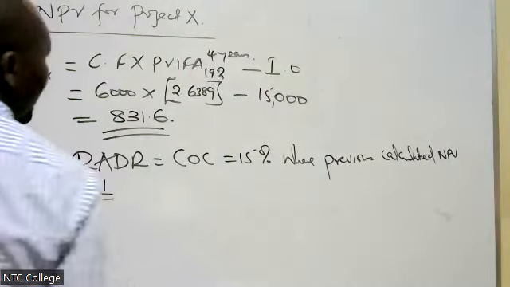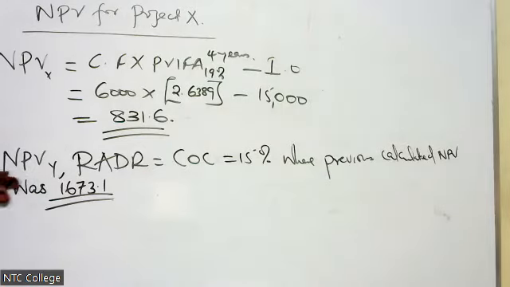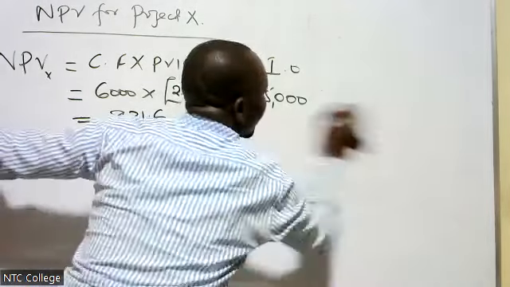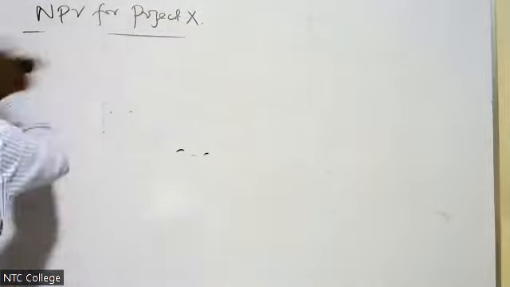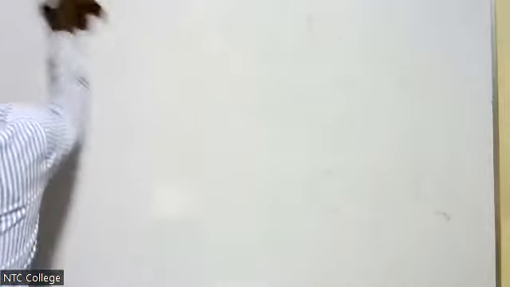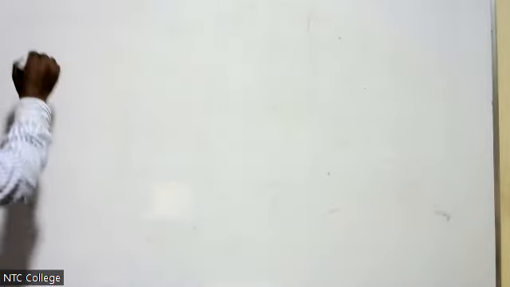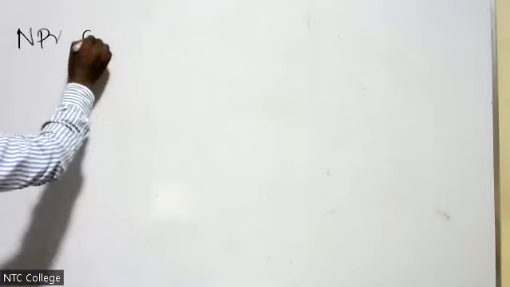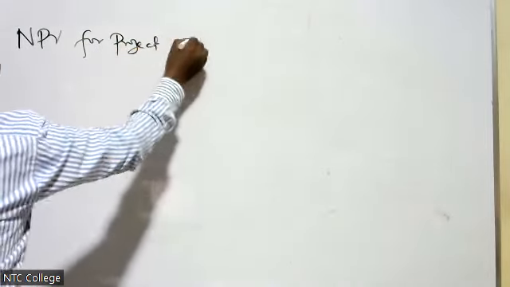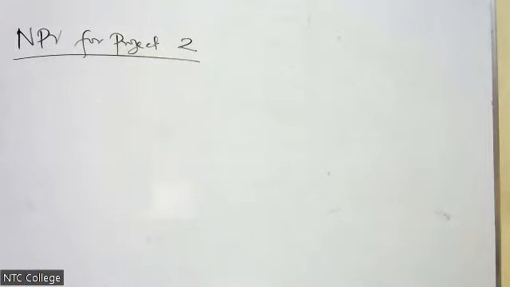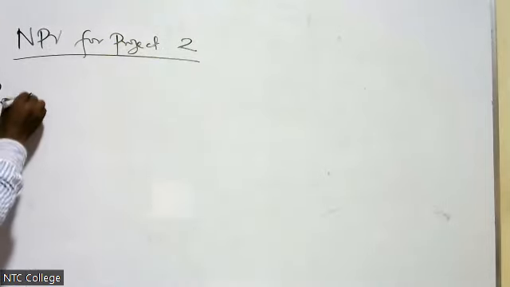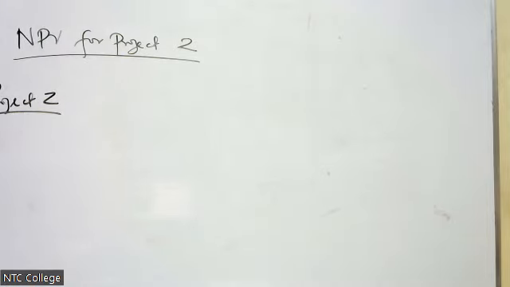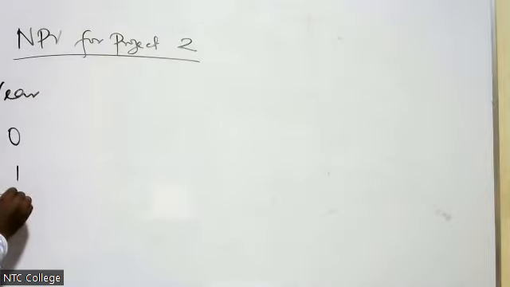So for Z, NPV for Z. You know it. We have to get the project Z. Then we have to say, it is the last one still. The year 0, 1, but NPV for Z, we just say year 0, 1.